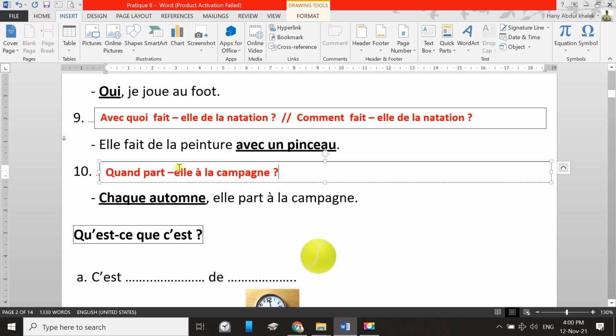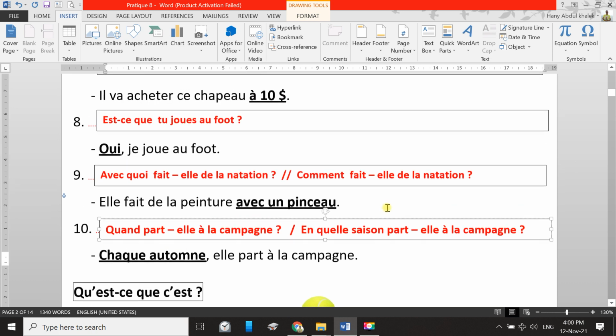Okay, like that. But we can use another way, en quelle saison. Okay, in what season or which season, and we say part-elle à la campagne. So like that, en quelle saison. So here we said quelle with double L-E because saison is feminine. Okay, I hope you understand this part.